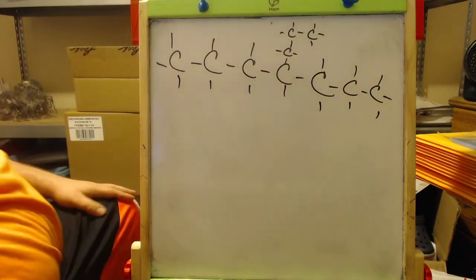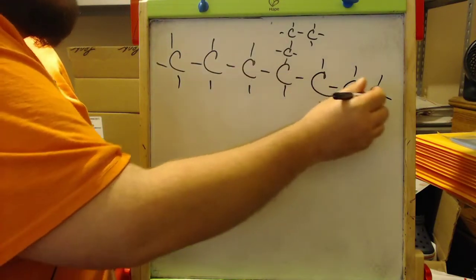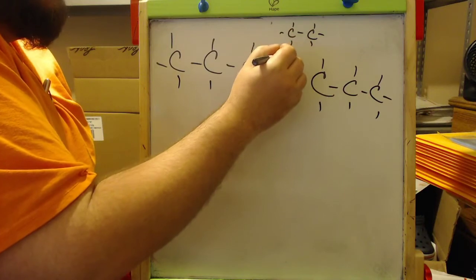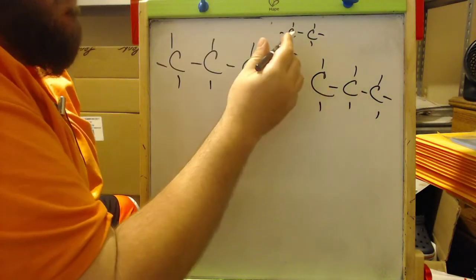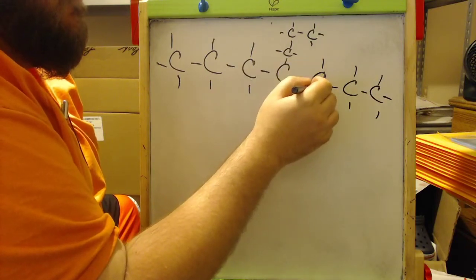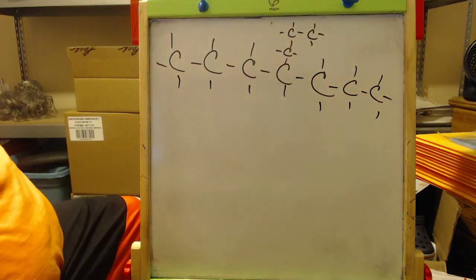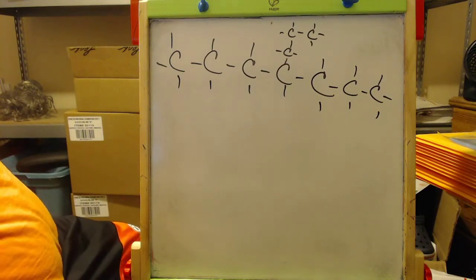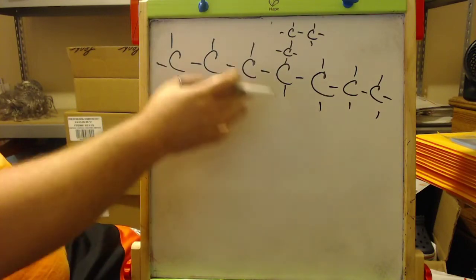Okay, here we go. Let's count our longest chain. 1, 2, 3, 4, 5, 6, 7. So either way we go, we're getting 7, 7, 7. It doesn't matter. We have a 3-carbon chain bonded to it.